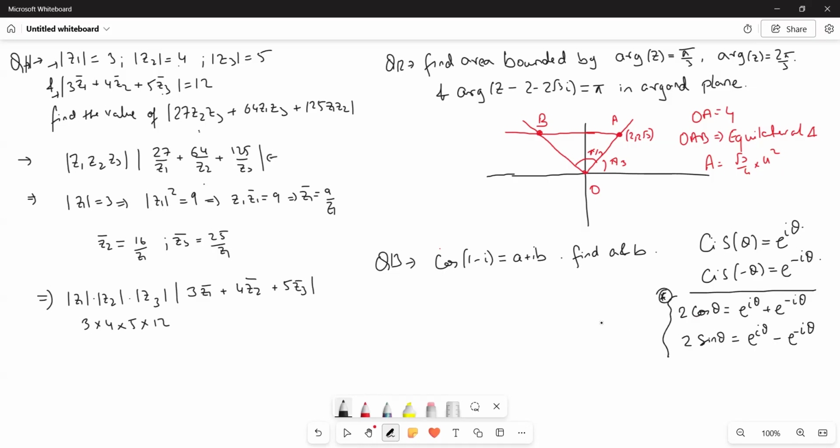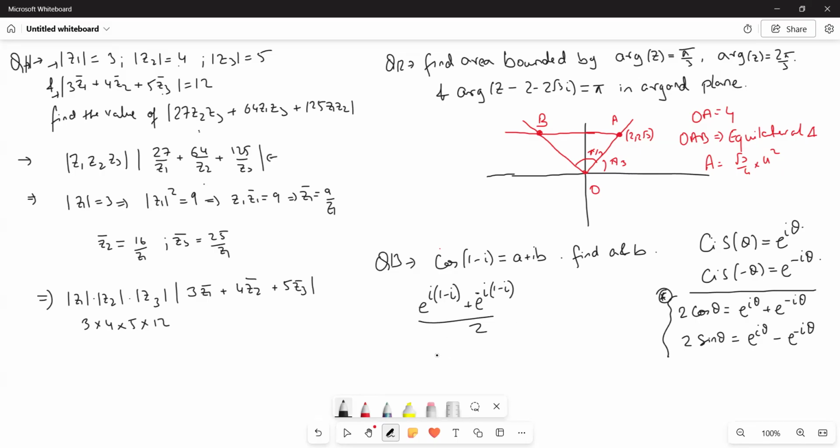So cos of 1 minus i, using this result, what can we say would be cos of 1 minus i? So cos of 1 minus i would be e to the power i of 1 minus i plus e to the power i of minus of 1 minus i, by 2, is a plus ib. Now simplify this a little.